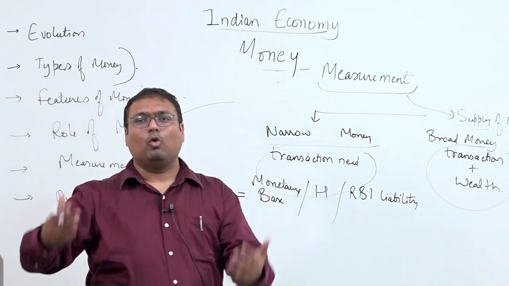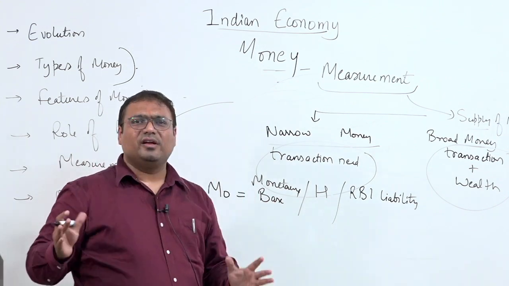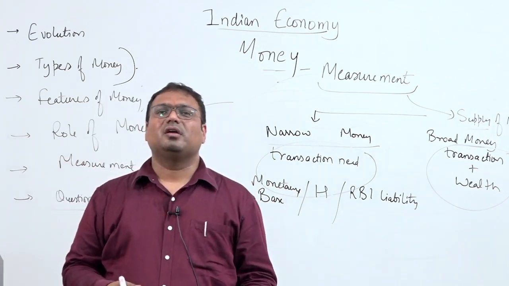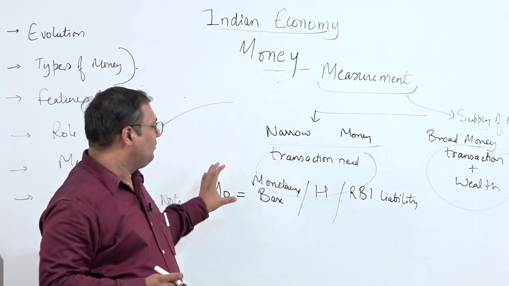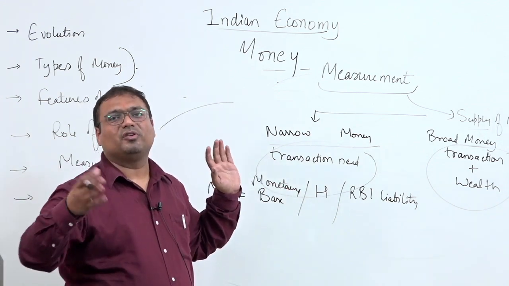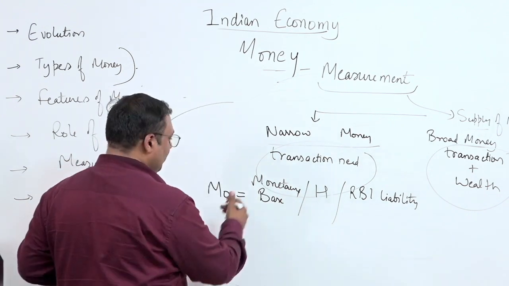Whatever RBI owes is M0. Generally, it measures the cash in the economy. Okay, that is the maximum component of it. That is how we define the monetary base. What your central bank owes to the people. And how do we calculate it?